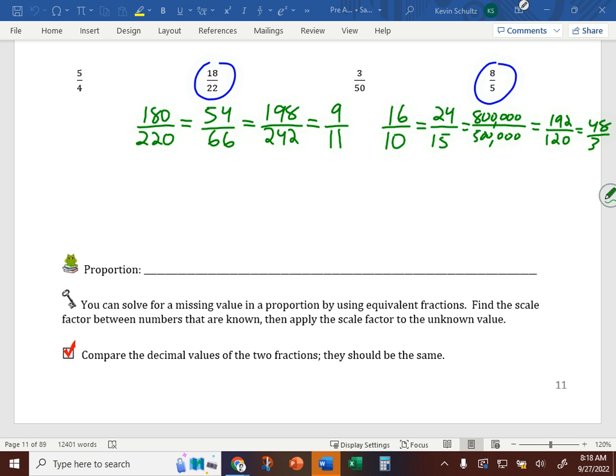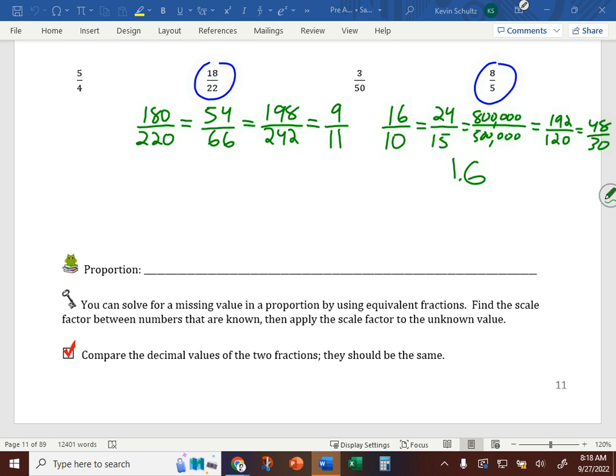Excellent. All of these, if you divide them in a calculator, will give you the same answer. The same decimal value, which is what? Anyone test it? I know it works. I just know. It does. What's the decimal value for each of these? 1.6. Okay, 1.6. All right.